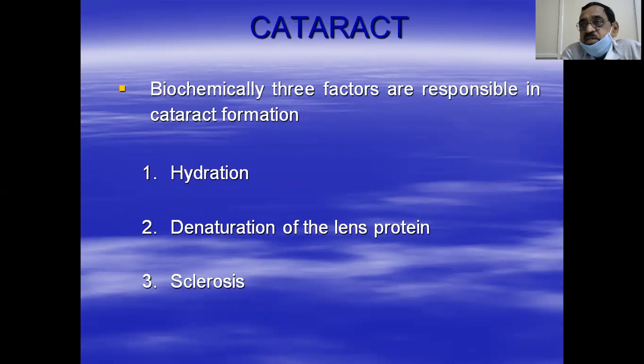Biochemically, three factors are responsible for the opacification of the lens, the formation of cataract. First and foremost, and maximally, it is hydration. Secondly, denaturation of the lens proteins. And third is sclerosis, a relatively slow sclerosis of the nucleus.